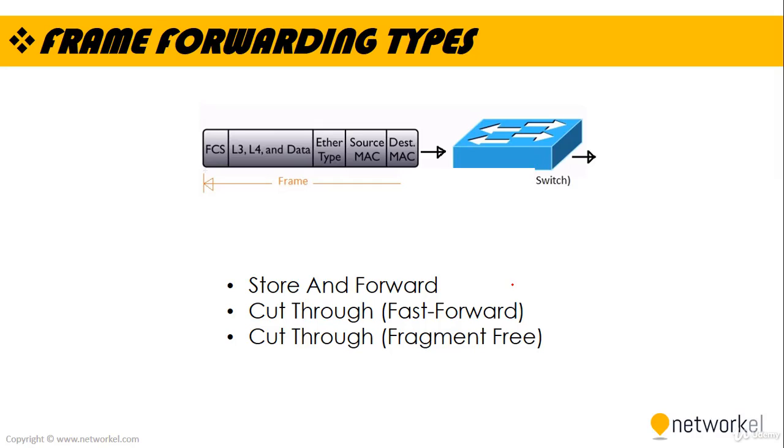In cut through fast forward, the frame is forwarded after the destination MAC address is checked, and in cut through fragment free, the frame is forwarded after 64 bytes of the frame are checked.